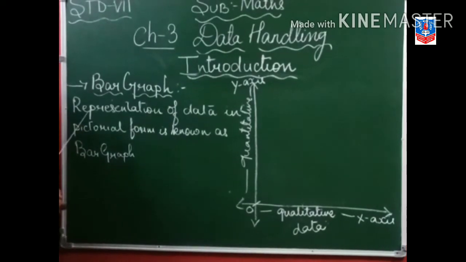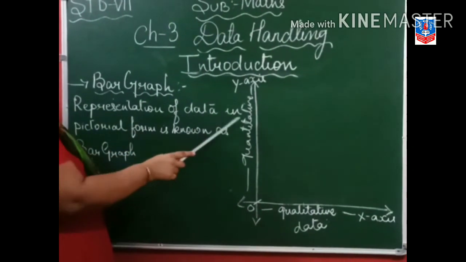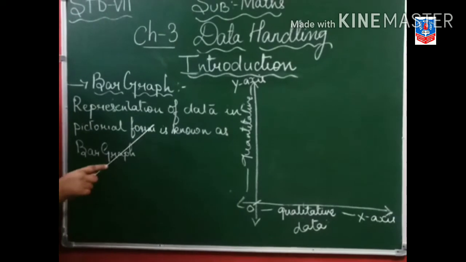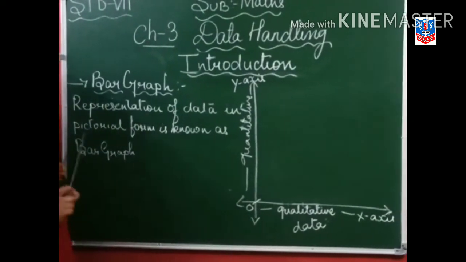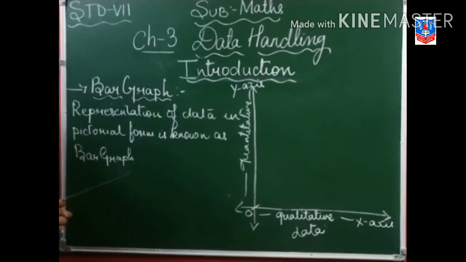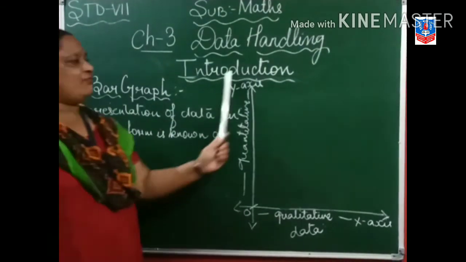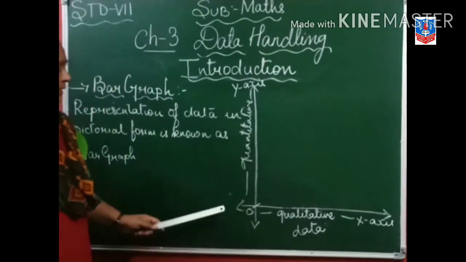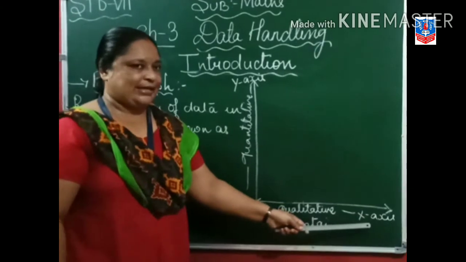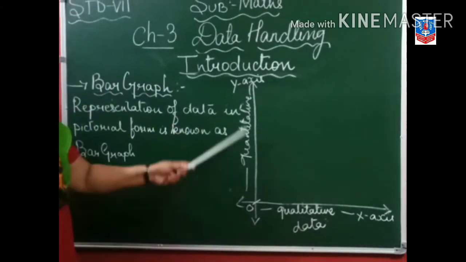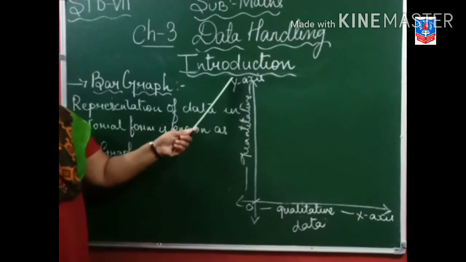Bar graph. Representation of data in pictorial form is known as bar graph. Now see, you will draw the graph on graph paper. The horizontal line is called x-axis and the vertical line is called y-axis.